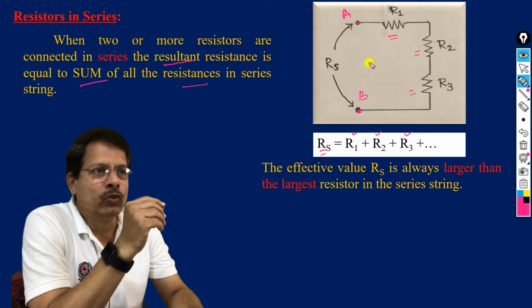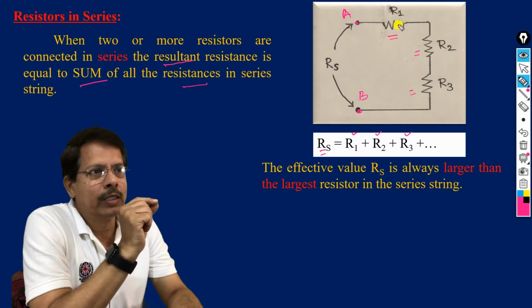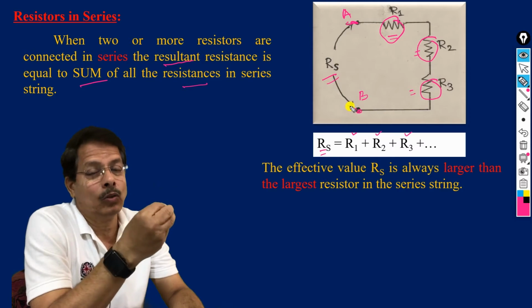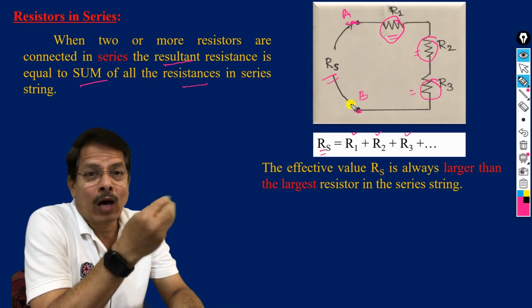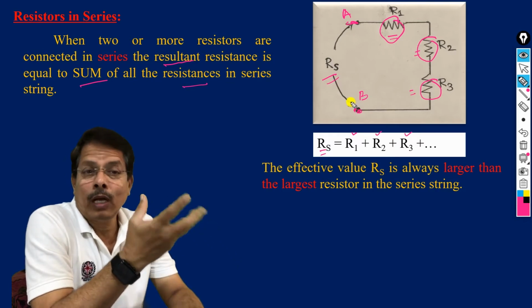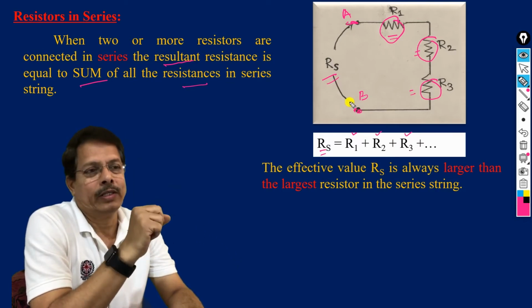If there are 4 resistors in series, it will be R1 plus R2 plus R3 plus R4. So it is very simple to remember. What does it mean actually? When you have resistance R1 here, R2 here, R3 here, then this RS, the total resistance between A and B, will be totally different. It will not be R1, it will not be R2, it will not be R3, it will be the sum of all resistors.